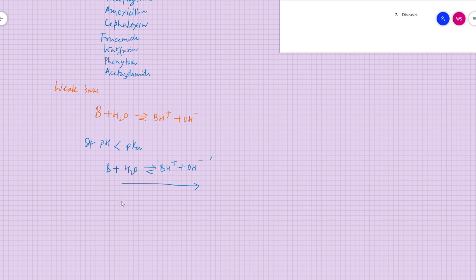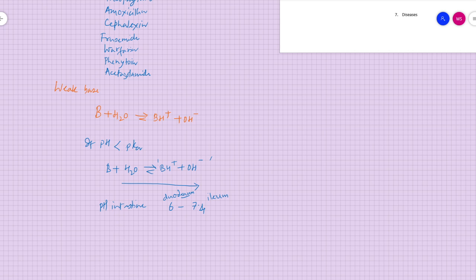So intuitively, the pH in the intestine ranges from 6 to 7.4 in the duodenum, and 7.4 at the level of the ileum. At this pH, it is greater than the pKa. As a result, the equilibrium would be shifting to the left, the weak base would be in a non-ionized form, and it would be easily absorbed.